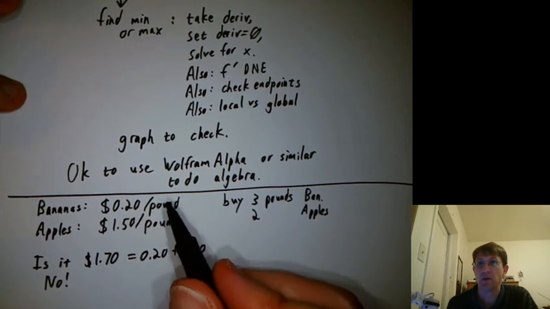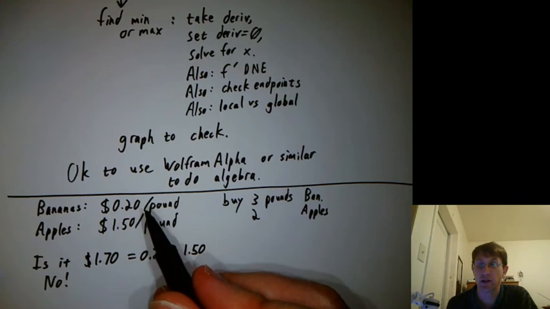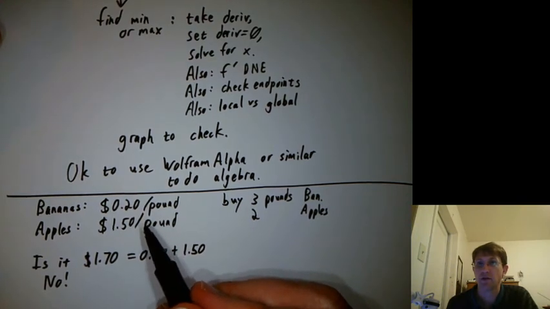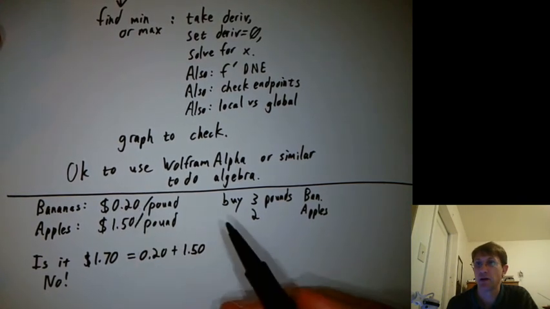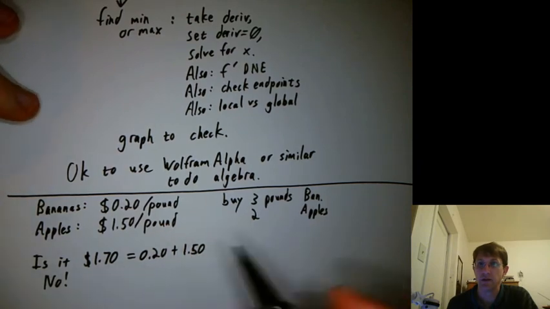Well, if I buy 1 million pounds of bananas and 0 apples, I'm only going to pay 20 cents a pound. Or vice versa, I'm going to pay $1.50 a pound if I buy no bananas. So I can't just do that.